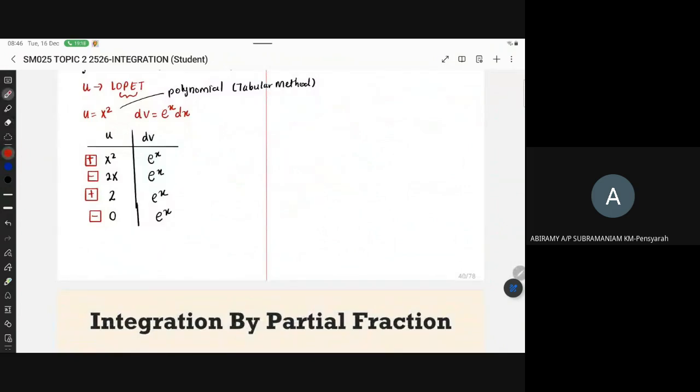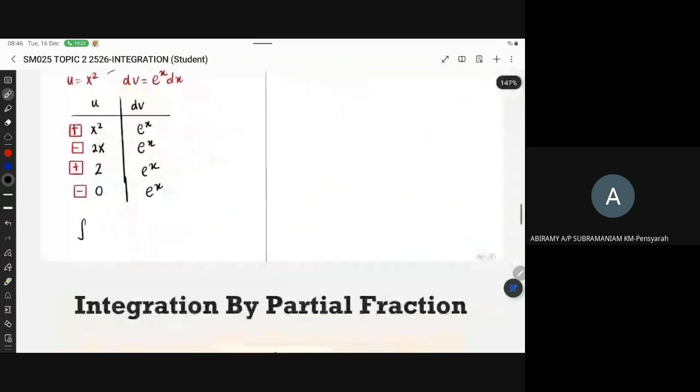Now what happens when you integrate x squared e^x dx? How are you going to write your answer? You take positive x squared multiplied with e^x, minus, because the sign here is minus, 2x multiplied with e^x, and plus 2e^x, and plus c.